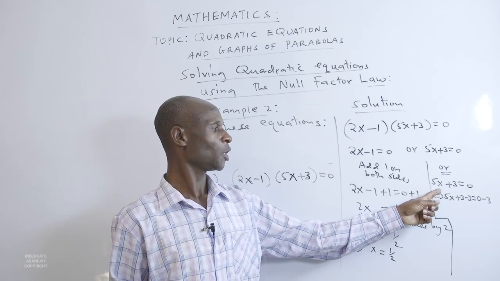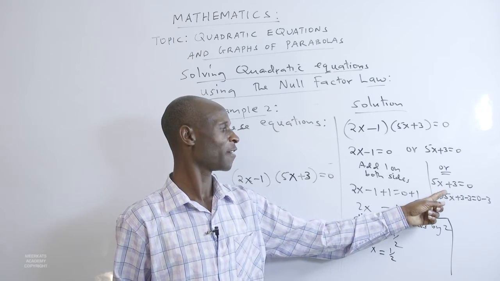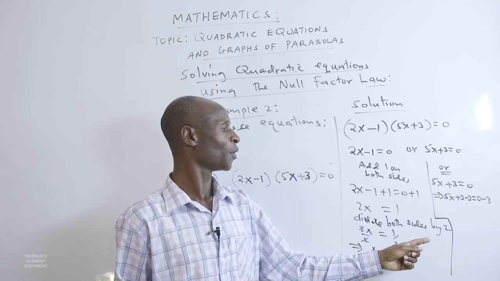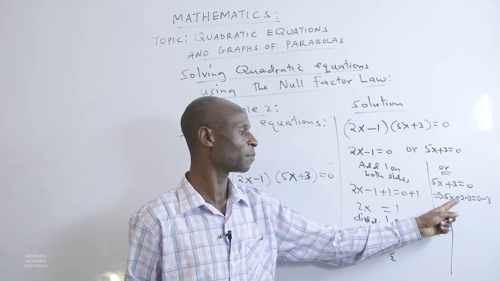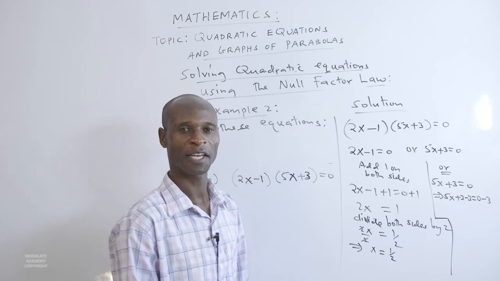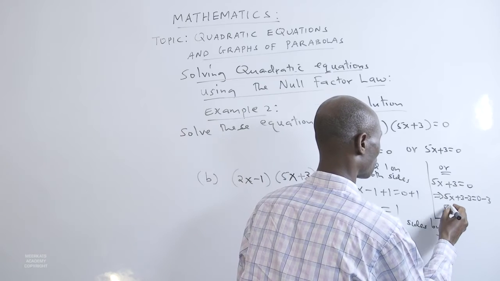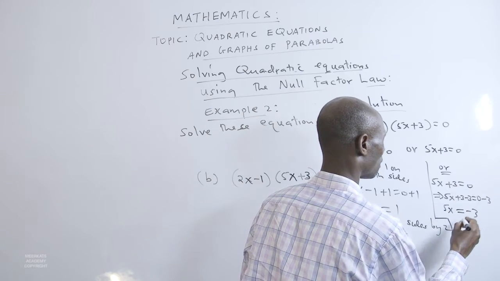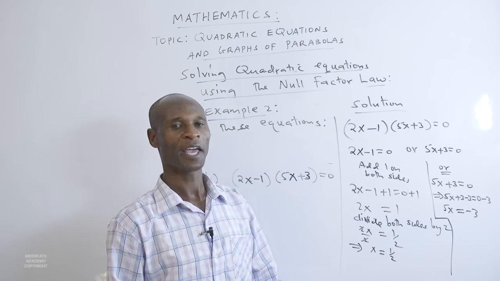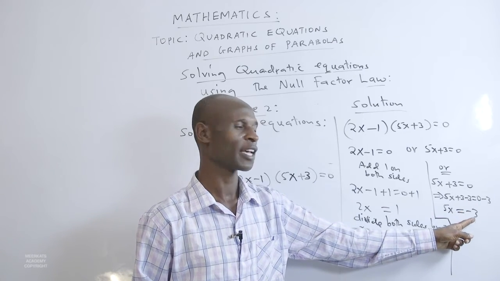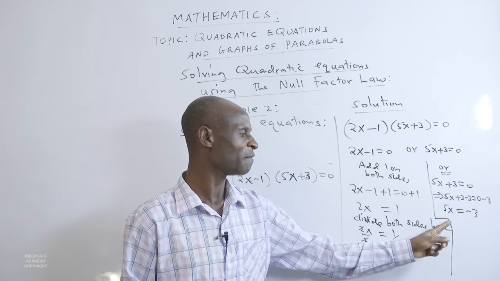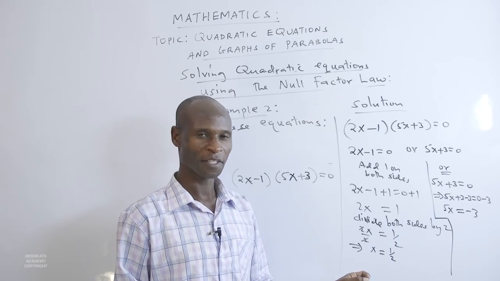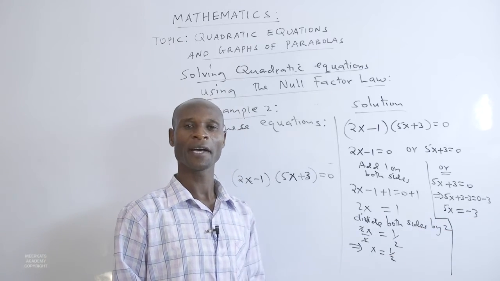To obtain the solution to the second linear factor, 5x plus 3 is equal to 0, we subtract 3 on both sides. So in this case, we shall have 5x plus 3 minus 3, which leaves us with 5x. Then on the right-hand side, we have 0 minus 3, which leaves us with minus 3. Now, class, how do we find the value of x, given that 5x is equal to minus 3?